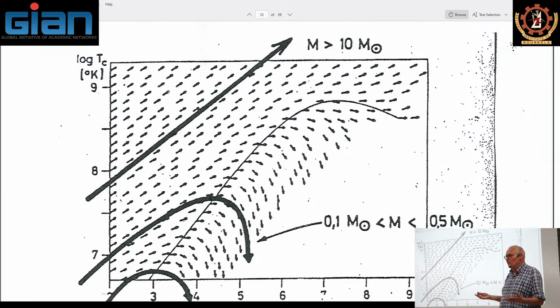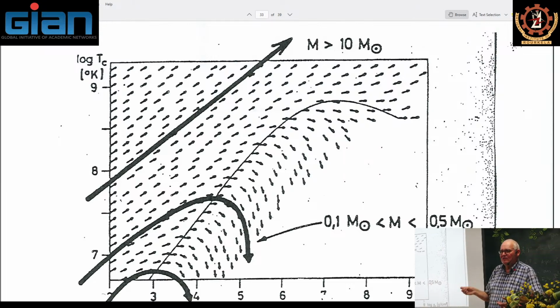But this no longer tells you whether the next burning stage is reached or not, because we have already undergone all the exothermic burning stages. So even in the case of a very massive star, we end up with a degenerate iron core. This would be a star which is massive enough to undergo all the burning stages.